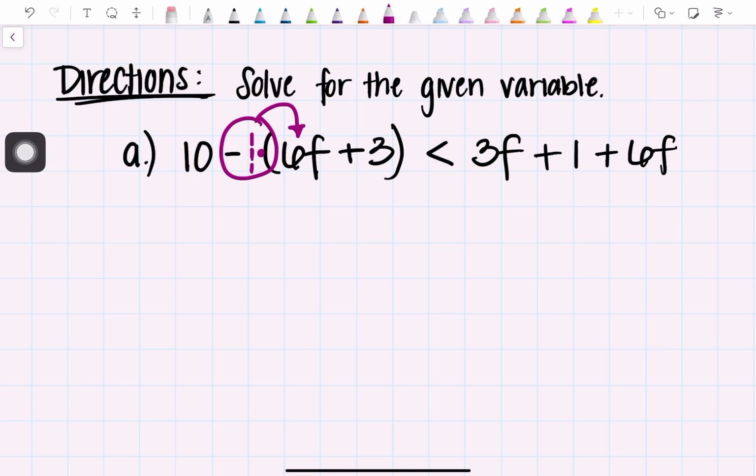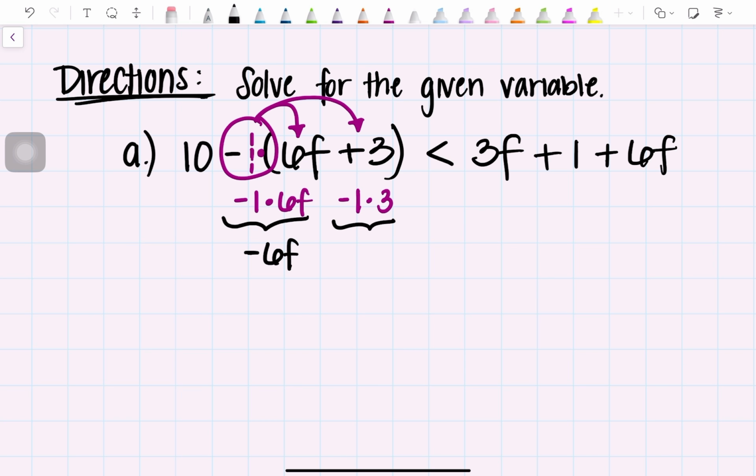So I'm going to multiply the numbers inside of the parentheses, which means I'm going to multiply -1 times 6f, but I'm also going to multiply -1 times +3. That gives us -6f, and then -1 times 3 is -3.